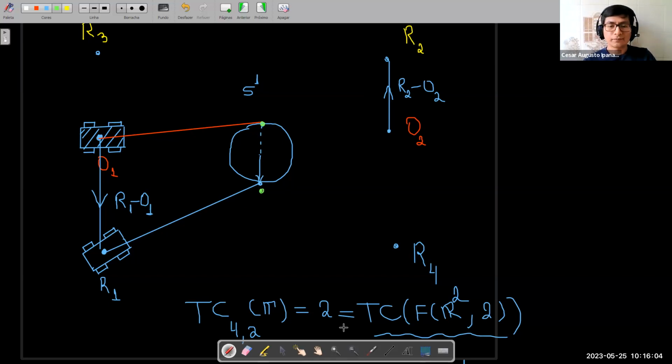I will do this for this object here, and let's change the color: this for this, and the obstacles for this. We consider here the inverse orientation.